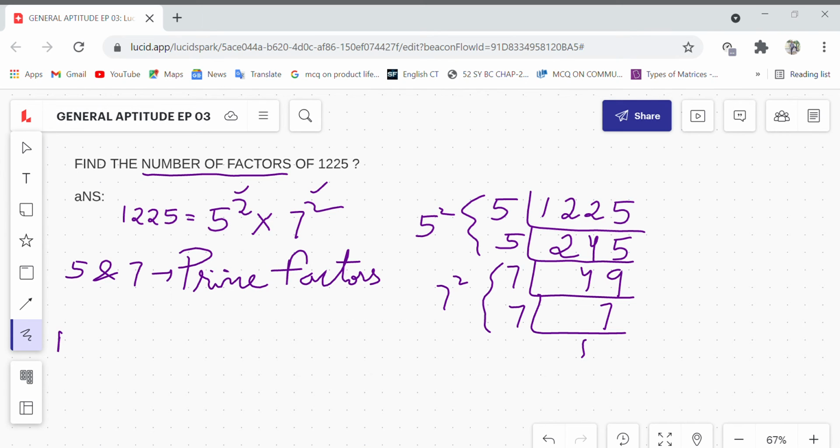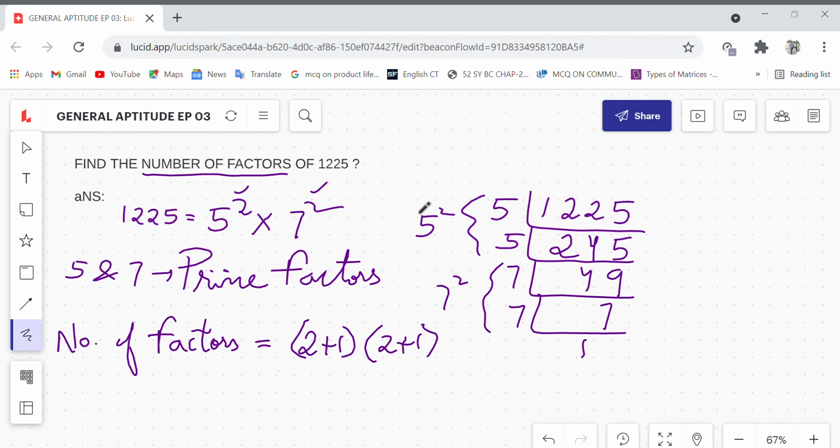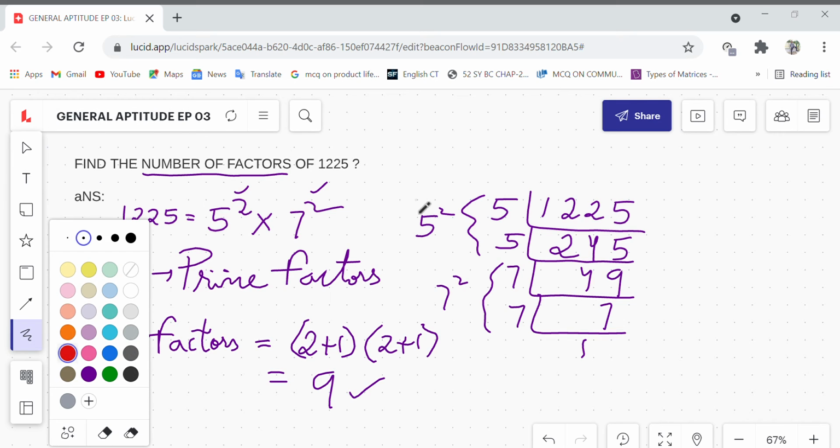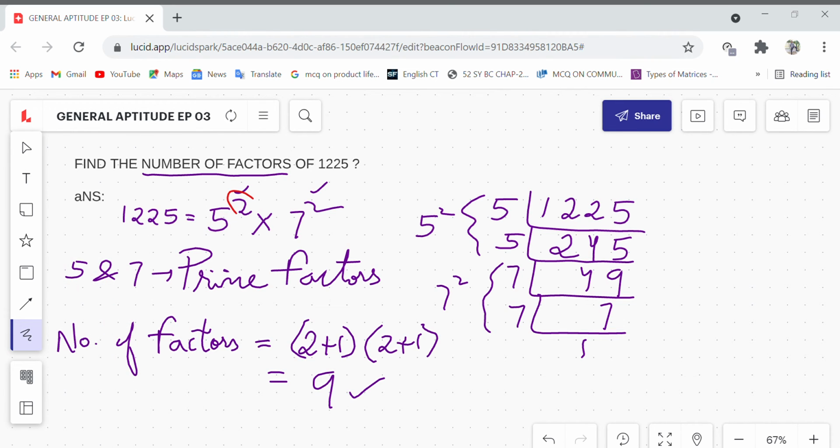So, number of factors equal to 2 plus 1 into 2 plus 1, which is 3 threes, 9. The positive integers are 2 and 2, consider this as p, consider this as q.